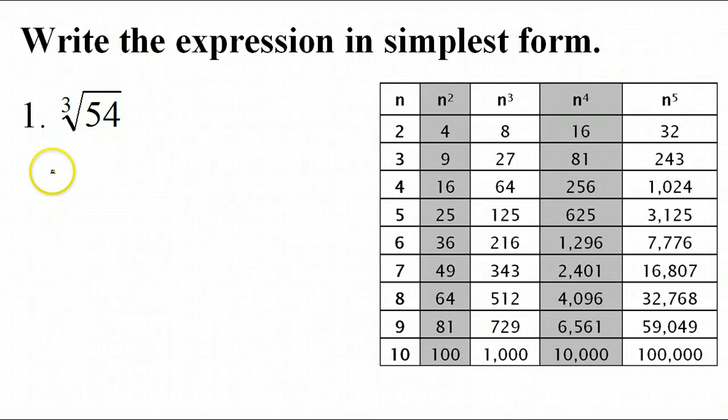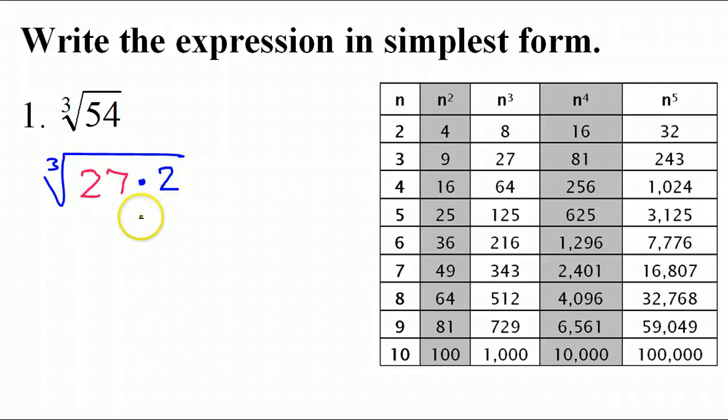So I can write this as the cube root of 27 times 2. I'm liking the 27 because it's on the list, so I can do the cube root. Now the cube root of 27 is 3.